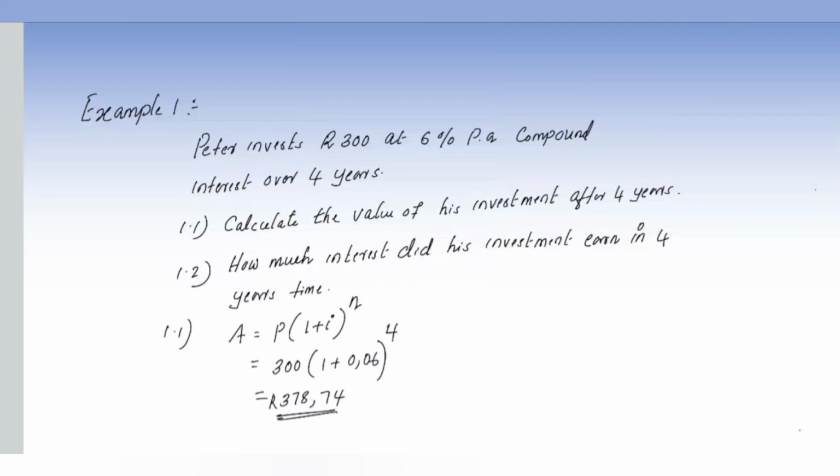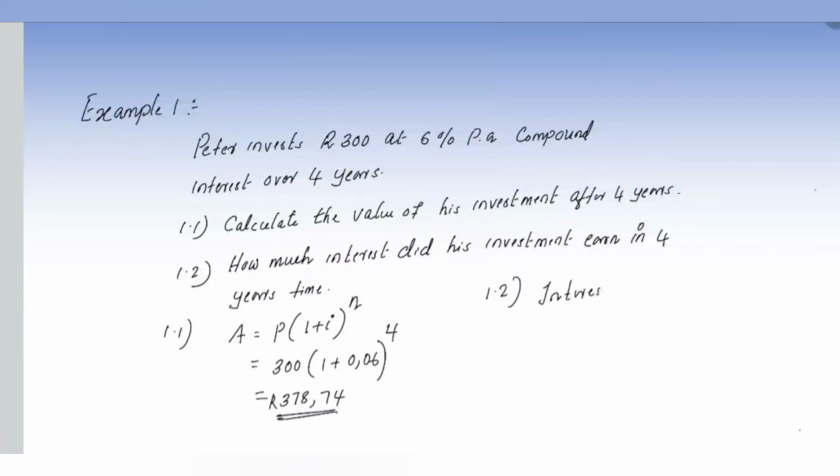Now just move to the next question, 1.2. How much interest did his investment earn? That is, you are calculating the compound interest earned in 4 years' time. Just take the difference, because we have the final amount and we have the initial amount, same as the previous question. What is the final number that you are calculating?